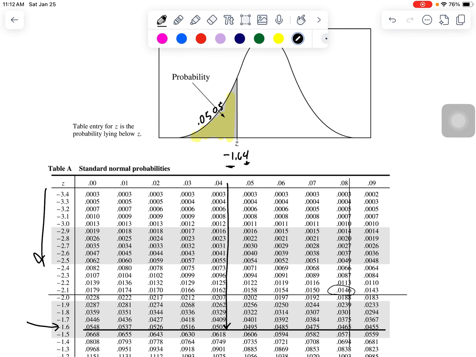Now on the previous problem that we just did, we found that it had a z-score of 0.978.